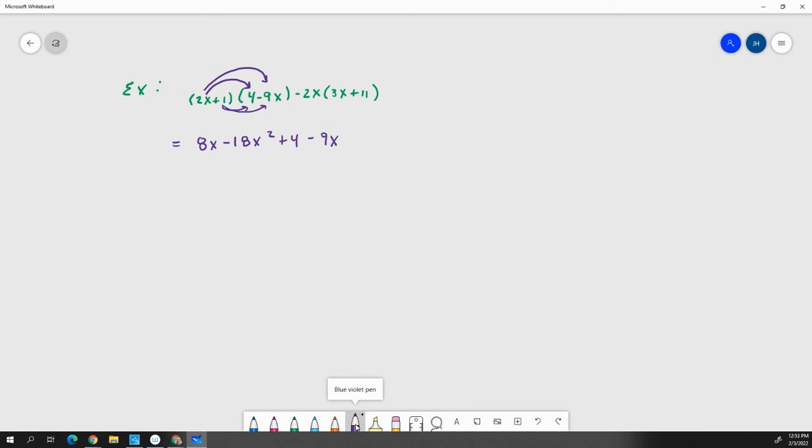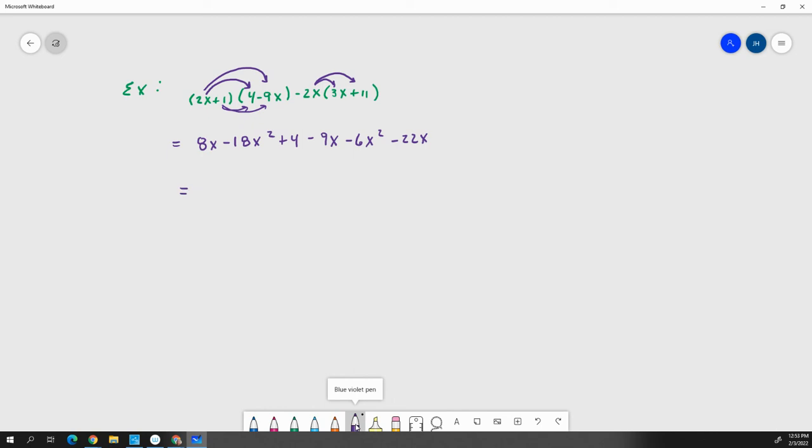Now I've got this minus 2x times 3x. I'm just going to multiply this through each piece. Negative 2x times 3x is negative 6x squared. Negative 2x times 11 is negative 22x. Now all we have to do is figure out what our highest power is.